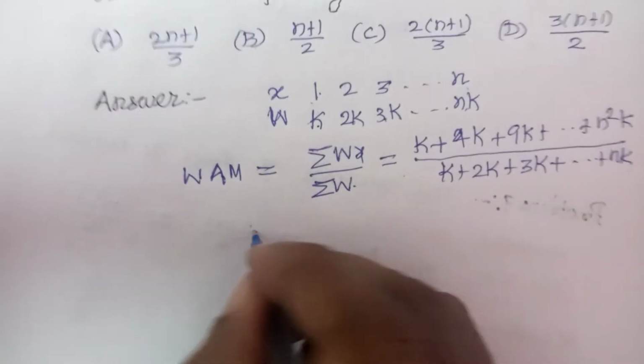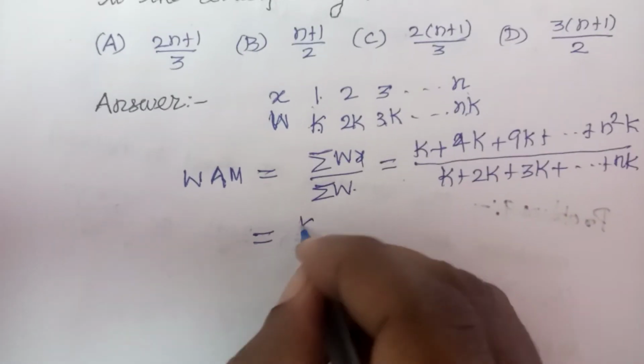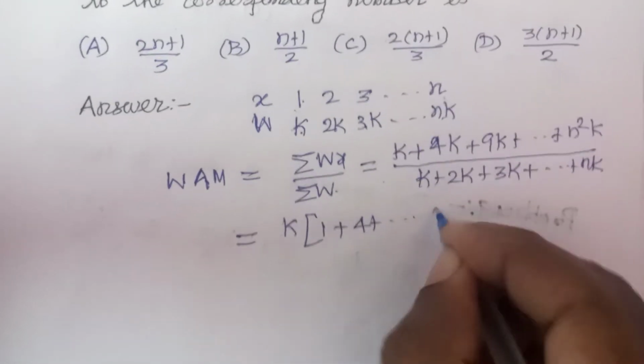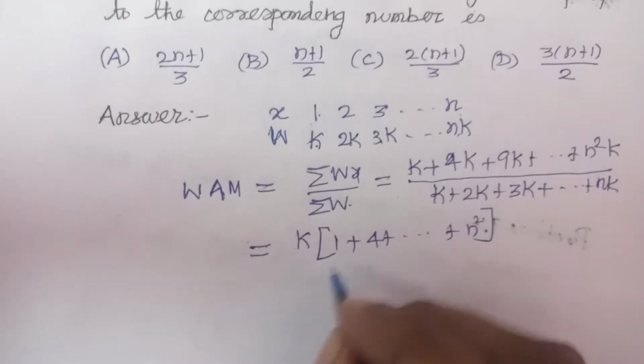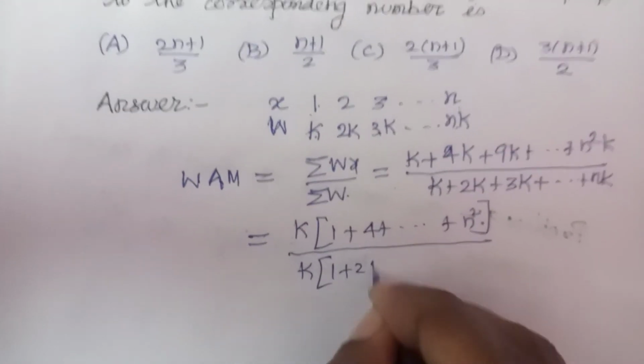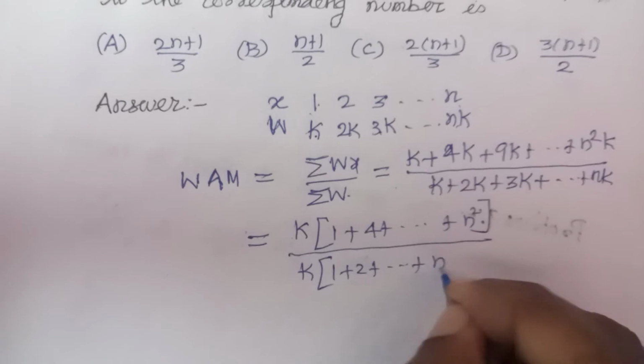Now we take the common term k. k is a common term. k into 1 plus 4 plus etc. plus n square, divided by k into 1 plus 2 plus etc. plus n.